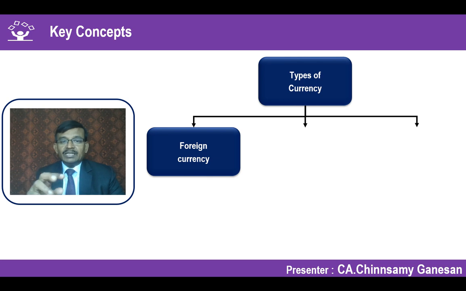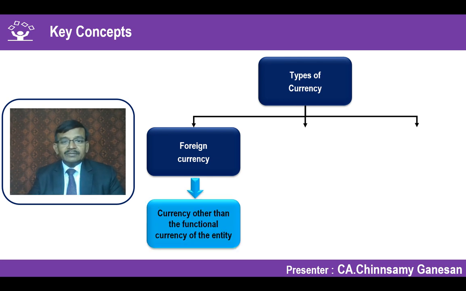So foreign currency is nothing but currency other than the functional currency of the entity. So we are not using the word recording currency. It is simply saying that it's a functional currency. Functional currency is equivalent to the recording currency as per AS 11, the currency in which it has to be recorded in the books of accounts.